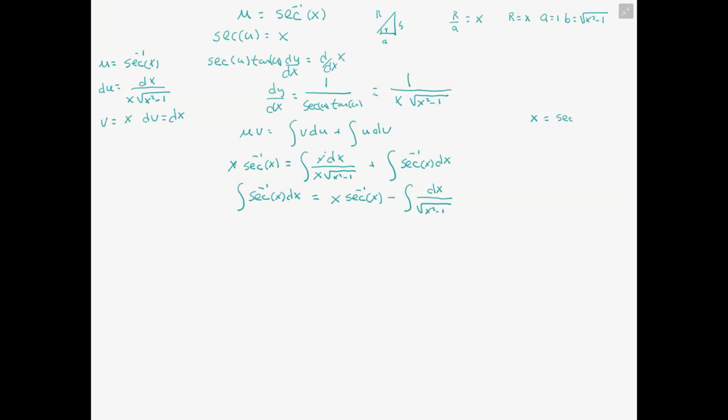Now we're going to do something that we haven't done before, and we're going to use a trigonometric substitution. We're going to say that x is equal to secant theta.